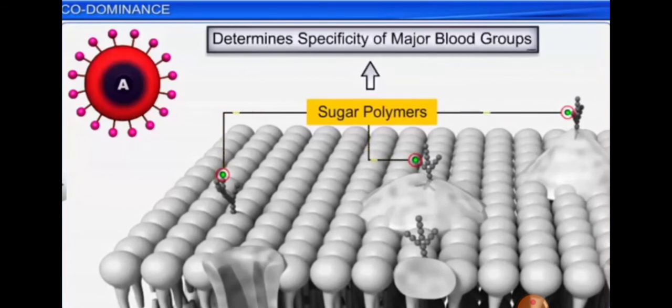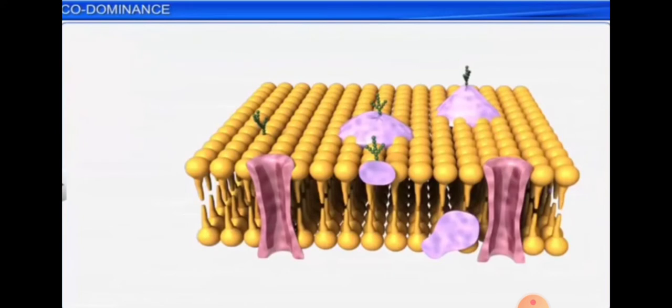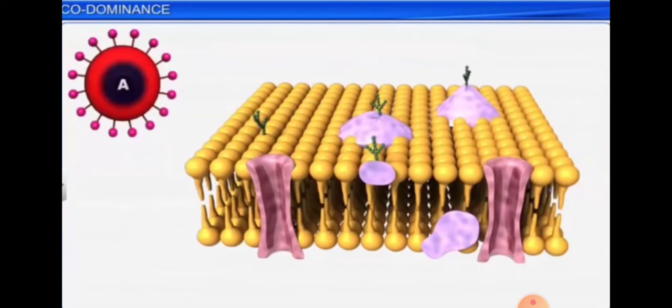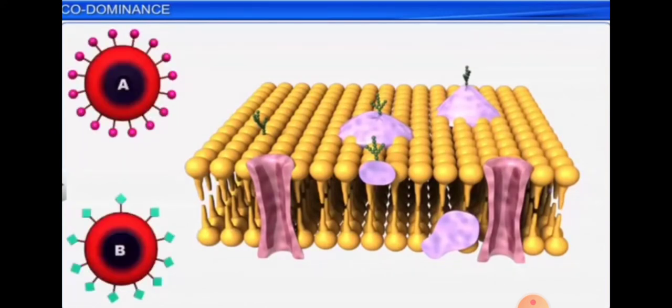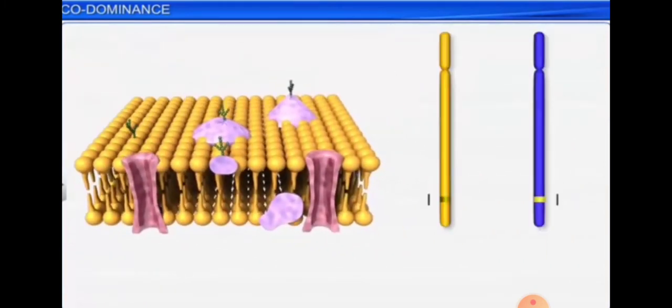It is these sugar polymers that determine the specificity of the major blood types. For example, the difference between blood types A and B lies in a single sugar unit that protrudes from the end of a carbohydrate chain of a glycoprotein or glycolipid on the plasma membrane of an RBC.